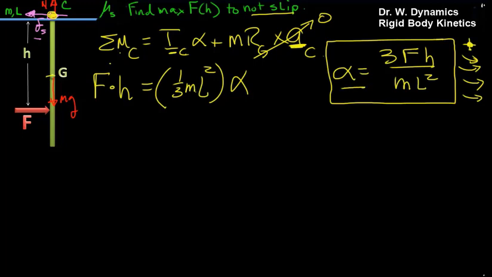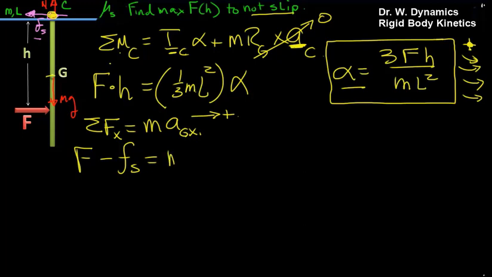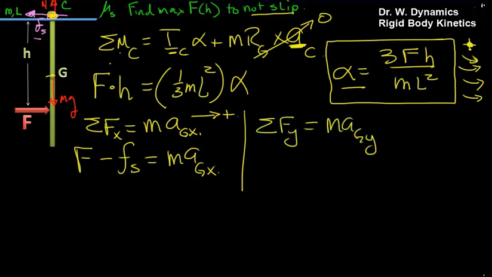Now, to incorporate the frictional force, we can look at the sum of the forces in the x is equal to m a_gx. If we choose this as positive, we have F minus the static friction force is equal to m a_gx. If we do that in the y direction, the sum of the forces in the y is m a_gy. We see that there's no reason for this stick to accelerate up or down and just leap out of the way.